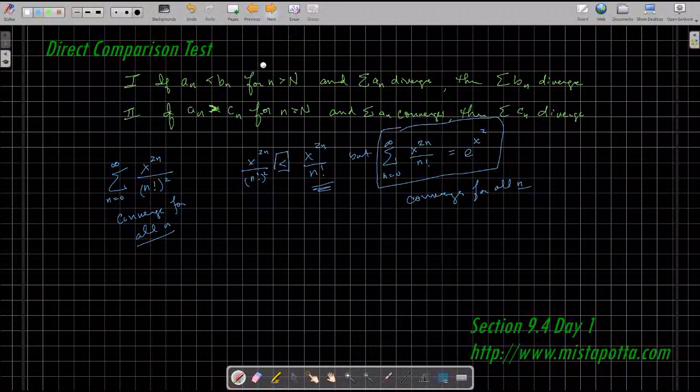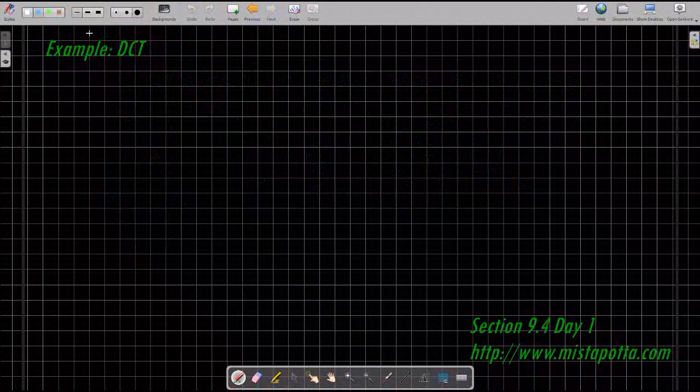So we'll do one more example. Let's take a look at this. If I take the sum from n equals 1 to infinity of 3 over n minus 2, let's go ahead and make this sum from 3 to infinity.